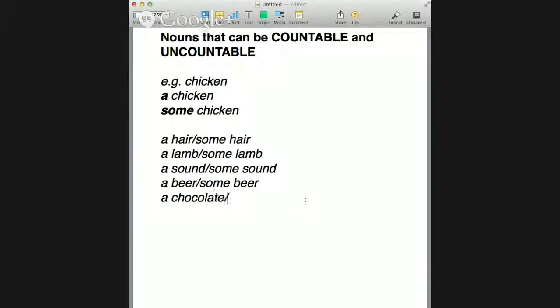I didn't know that beer could be uncountable. Well, there you go. You've learned something. This is what we actually use for quite a number of drinks. So, like tea, coffee.